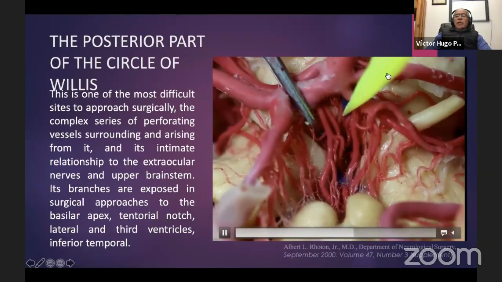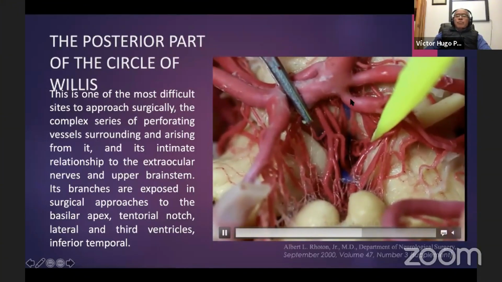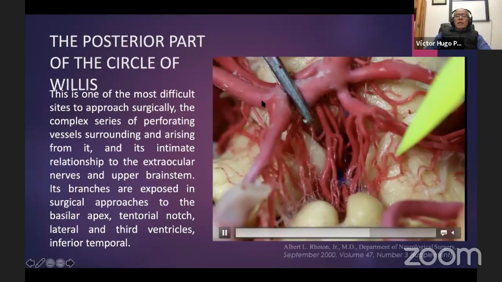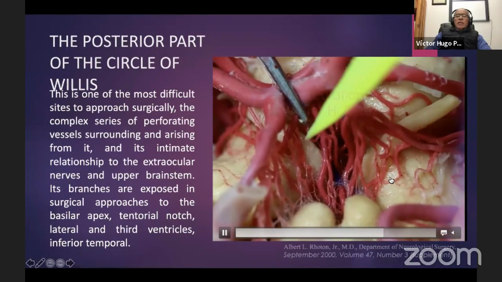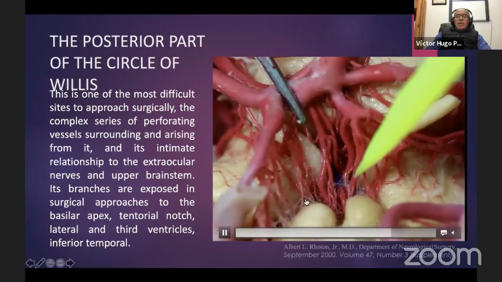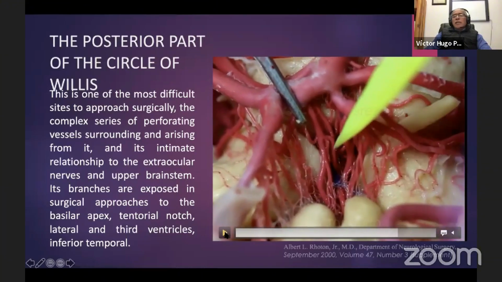Here we have the P1 and the P1 on the other side, and the posterior communicating artery. In this model, we can see the absence of the posterior communicating artery on the right side. Look at this segment of the posterior cerebral artery.